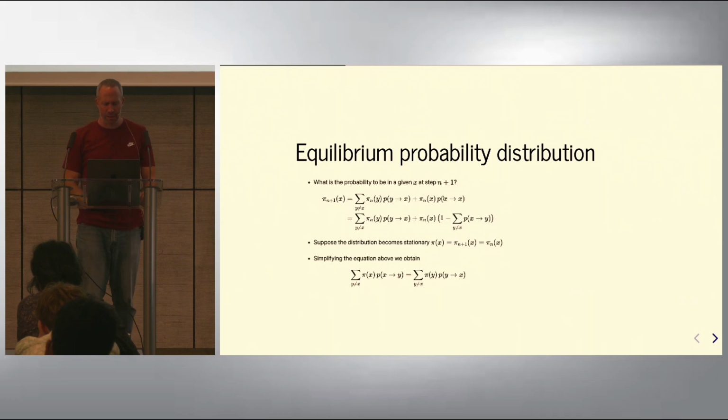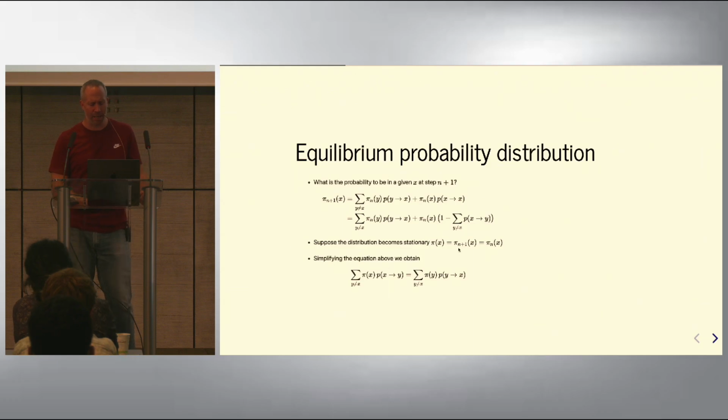Okay? Now this probability to remain in x, I want to write it as 1 minus the probability not to be in x. So it's really 1 minus the sum of doing everything but remaining in x. Okay? So I have this equation here, and if I assume that I reach a stationary distribution, this means that at some point my pi, my distribution function, will no longer depend on my step number in my Markov chain. Okay?